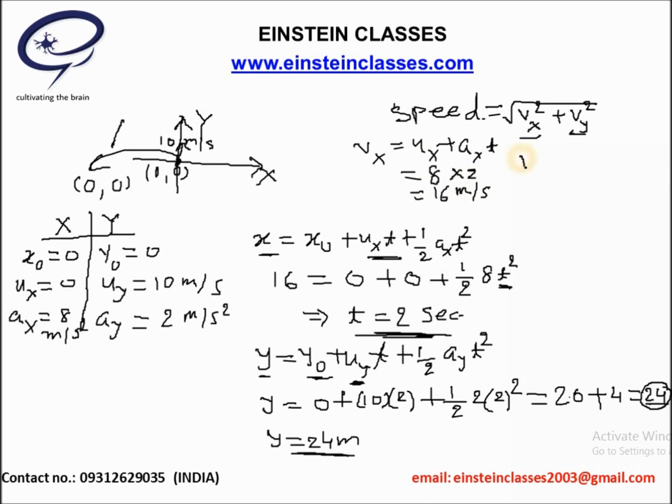Now vy will be equal to uy plus ay into t, and uy equal to 10, ay is 2 and time is also 2 seconds. After some basic calculation you can get the value of 14 meter per second.